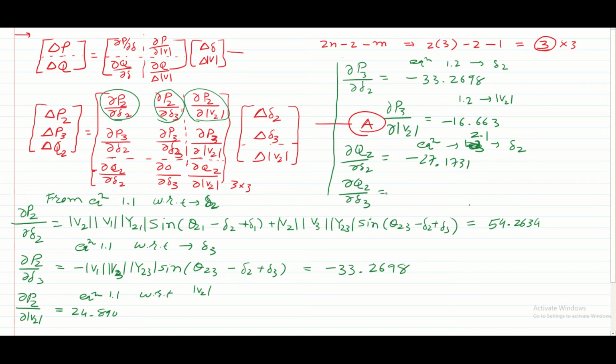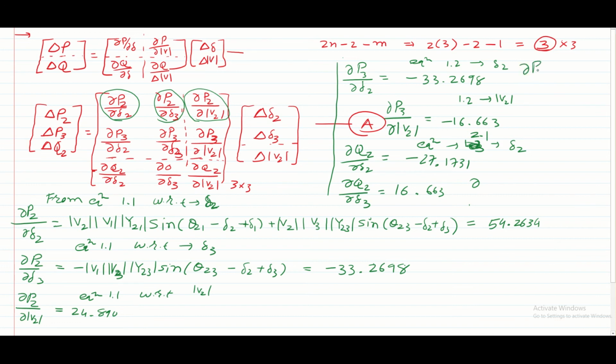Okay. Similarly, again delta Q2 with delta 3, which is 16.663, and last one is, let me calculate, 1 2 3 1 2. Here the one is missing. Okay, P3 with delta 3 will remain.